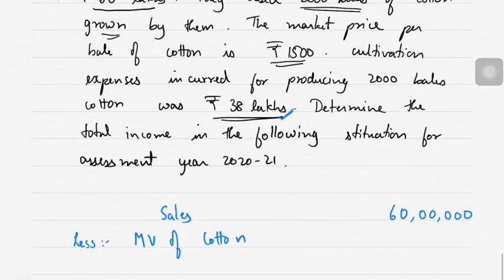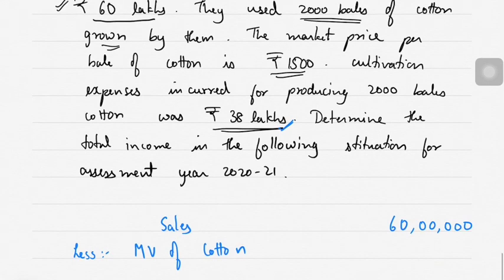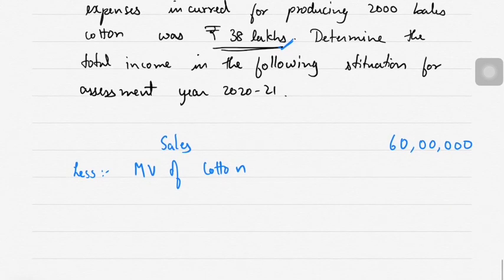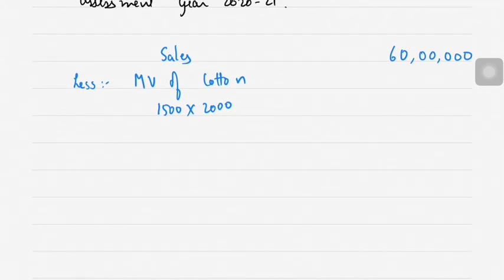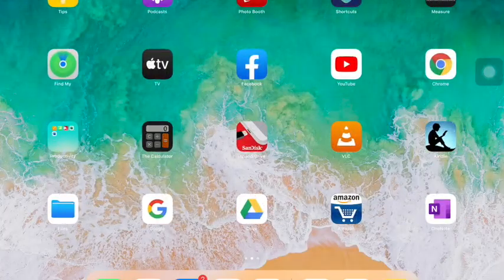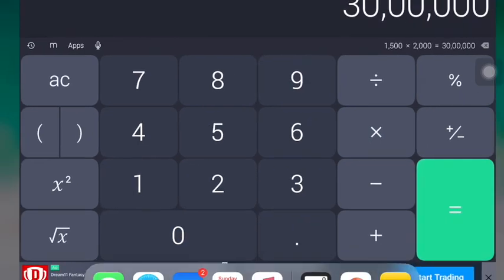You will take the market value of cotton. The market value of cotton is 1,500 per bale and you have produced 2000 bales. That means the market value of this cotton would be 1500 into 2000, which comes to 30 lakhs.